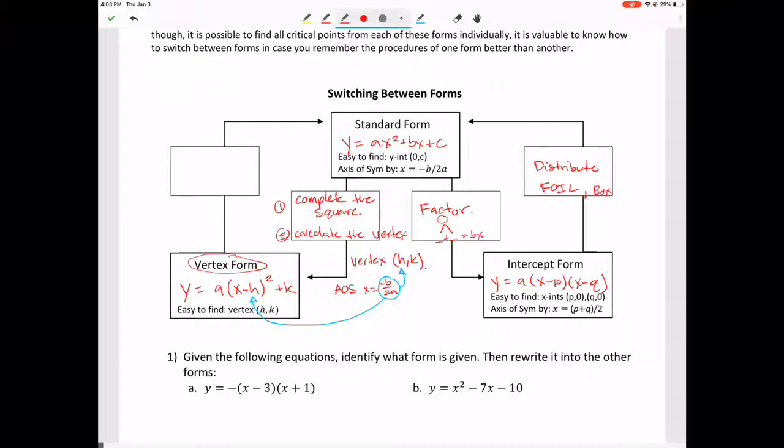And then to find the other part of the vertex, the k, whenever we have an x, we can always find its accompanying y by plugging that into the original equation.